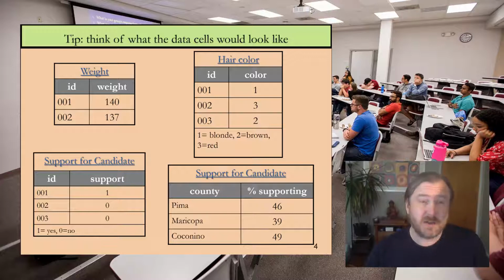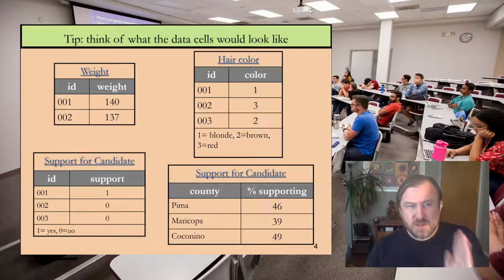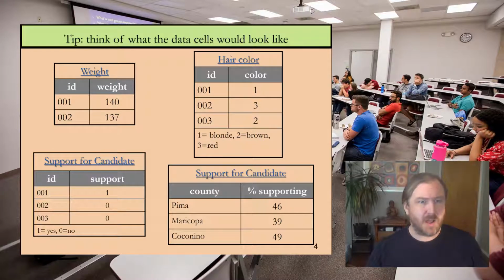Well, you can just add those numbers up and get 277. And so this is a quantitative variable. What about hair color, though? We could say, okay, person 1 had hair color 1, and hair color 1 corresponds to blonde. So person 1 had blonde hair. This is a qualitative variable.